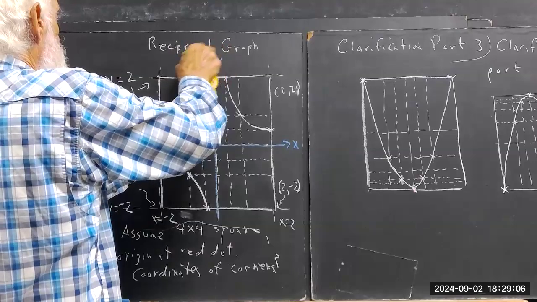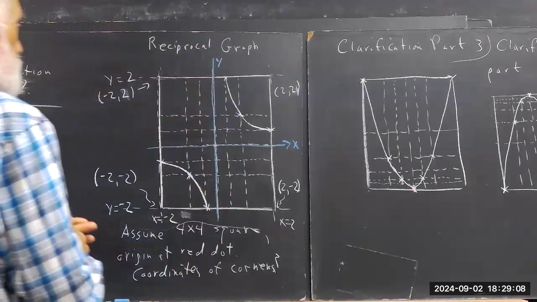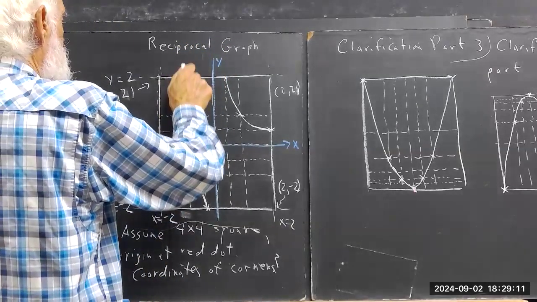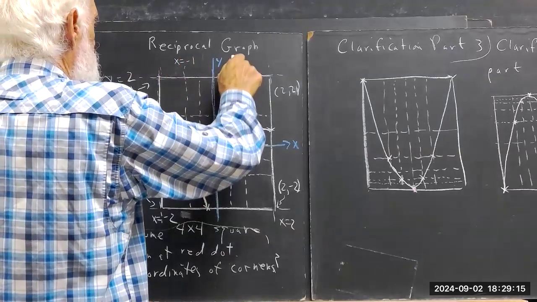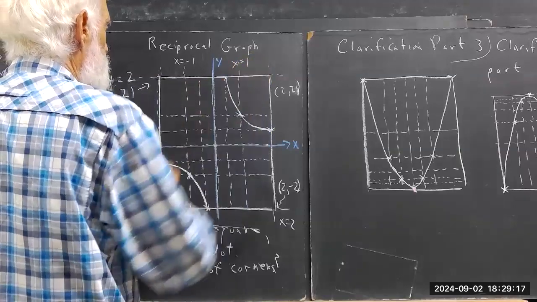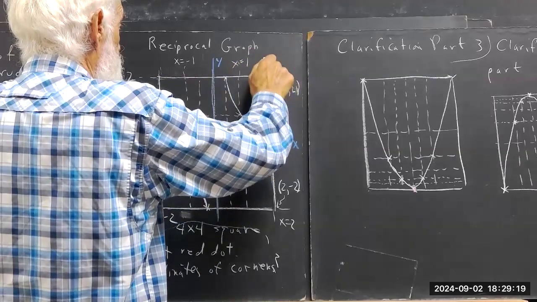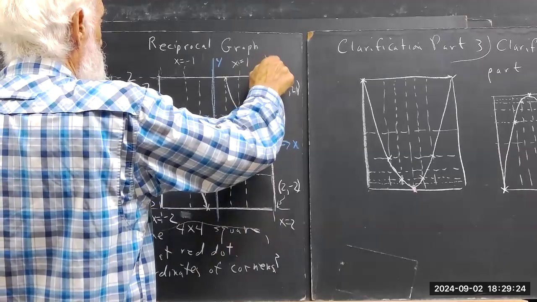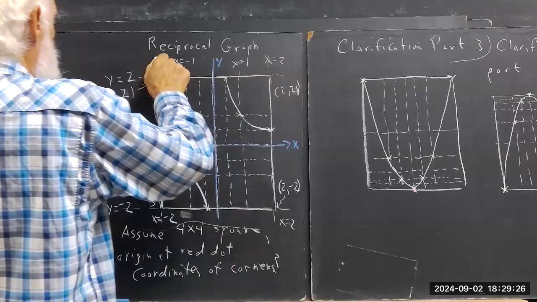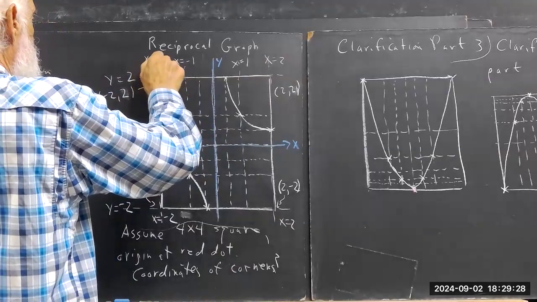We're not just doing the grid anymore, so I can erase the word grid. Let me label my x coordinates. This is the line x equals -1 here. This is the line x equals 1. And of course, here again is the line x equals 2, which I'll label again up here, and I'll label x equals -2.